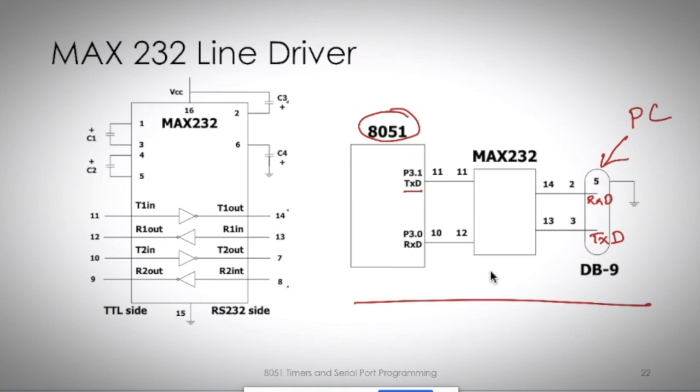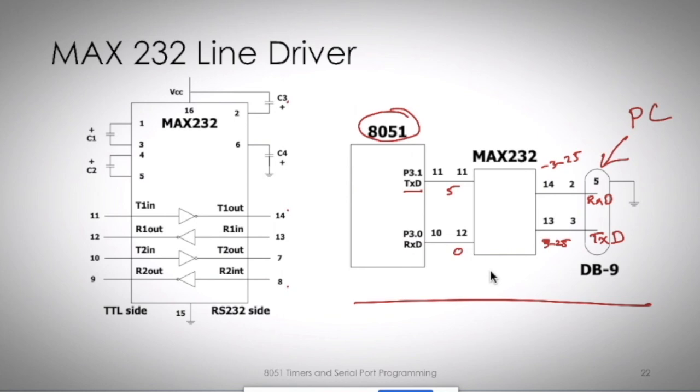If the voltage at the input of the MAX232 is between -3 and -25, it will give 5 volts at the output. If the input voltage is between 3 and 25, it will give an output of 0. So that's a level converter. This is what the MAX232 IC does.